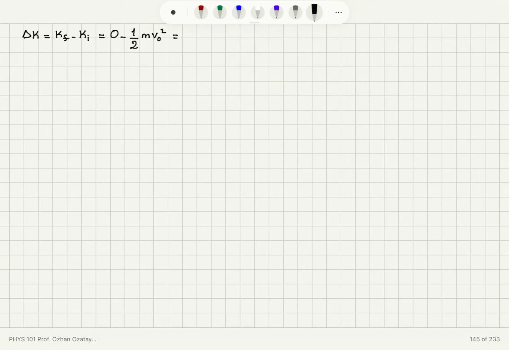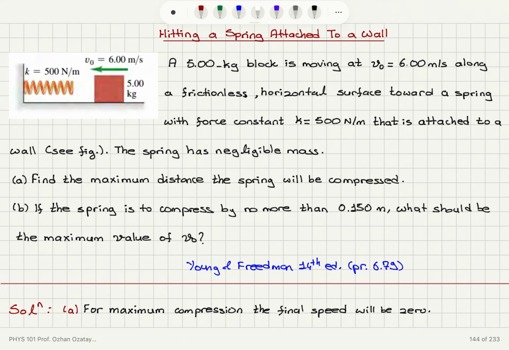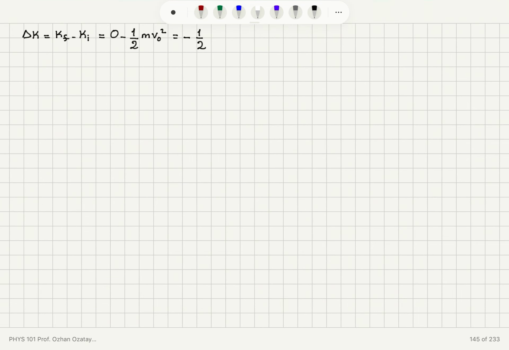So the change in the kinetic energy is minus 1/2 times the mass of the block, 5 kilograms, moving at 6 meters per second. So this will be 5 times 6 square, and that will give us minus 90 joules.